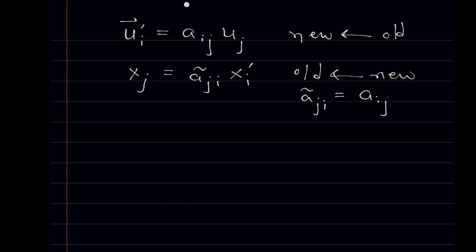Anyways, so let me not write it in this way. In a more easy way, a shortcut: if I have u prime equals A u, then x equals A transpose x prime.